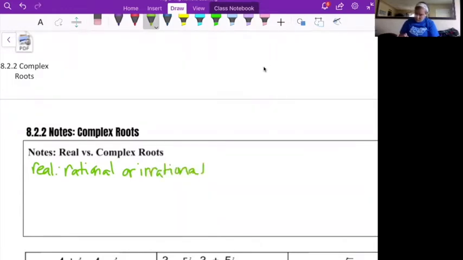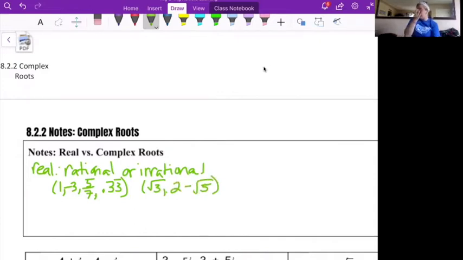So rational would be like 1, -3, 5 over 7, 0.33 repeating. Irrational would be like the square root of 3, 2 minus the square root of 5, stuff like that.